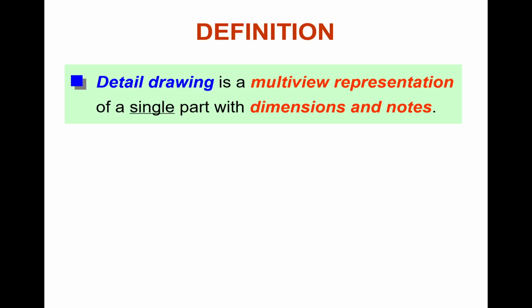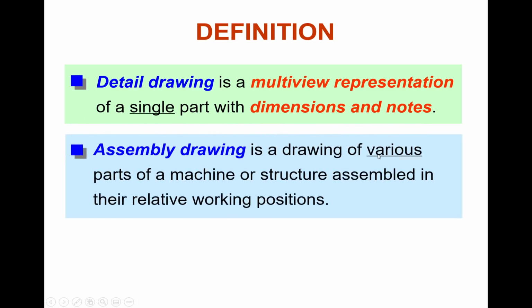Okay, and then for the second one, definition for assembly drawing. Assembly drawing is a drawing that shows various parts of a machine or structure assembled in their relative working positions. So dia akan tunjuk macam mana each part of a design is put together.